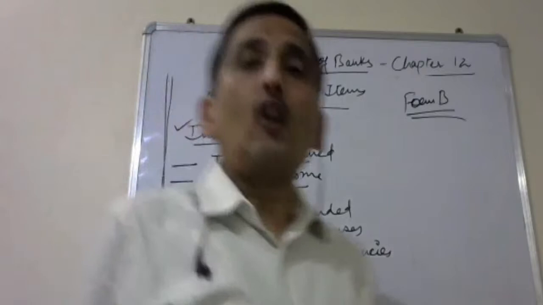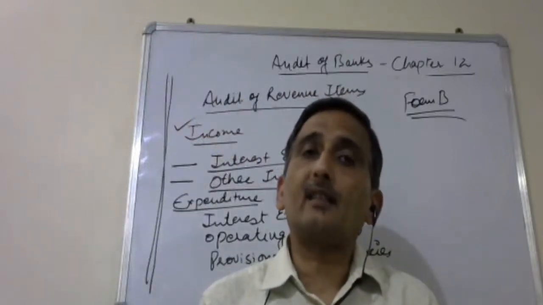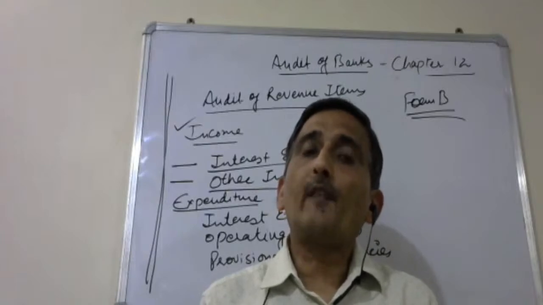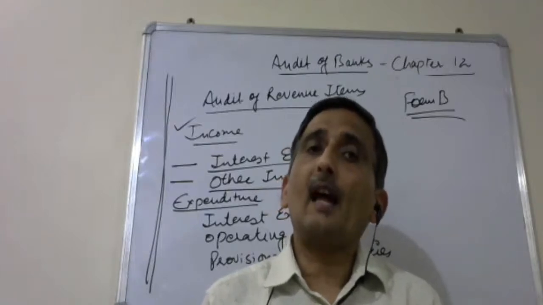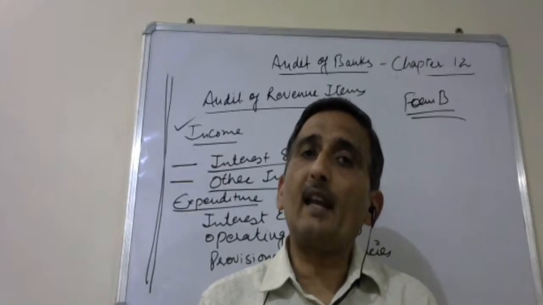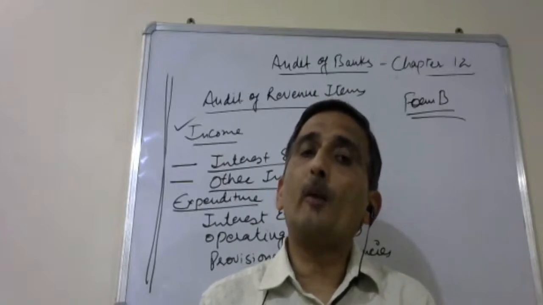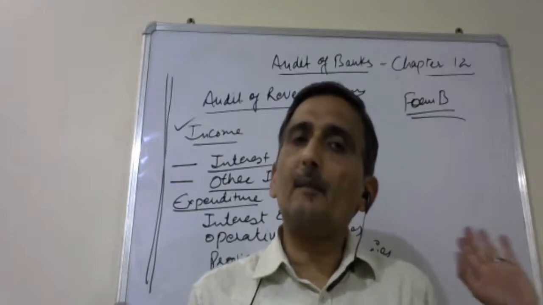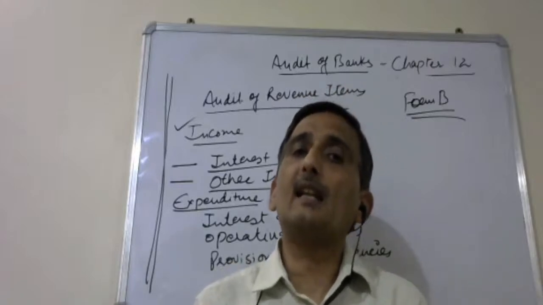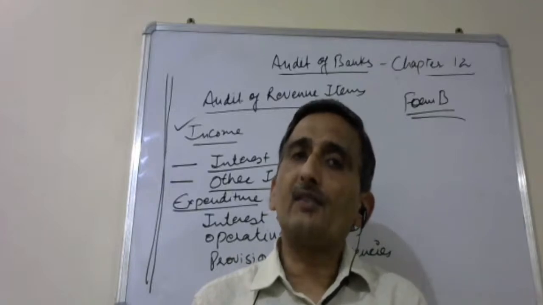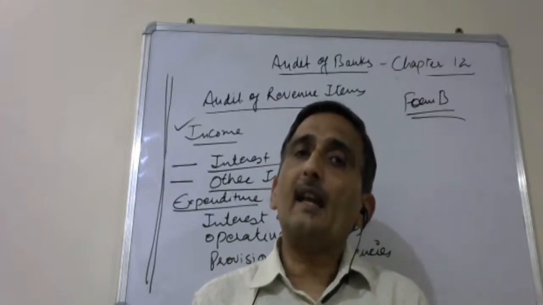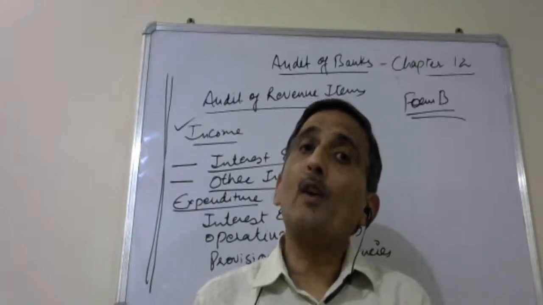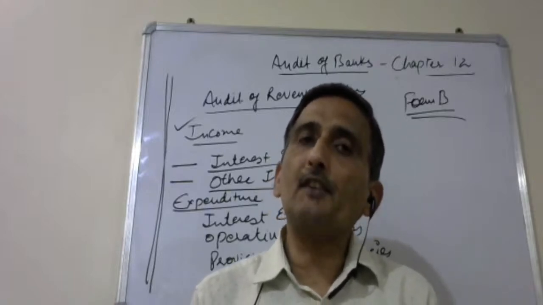So what are the auditor's concerns regarding audit of interest earned? The auditor would be obtaining assurance that this income which is appearing under the head interest earned is reflected properly. Then how is he going to ensure that?